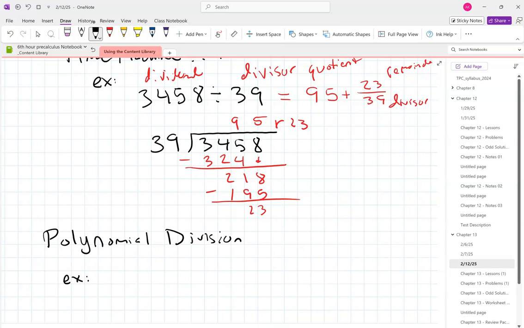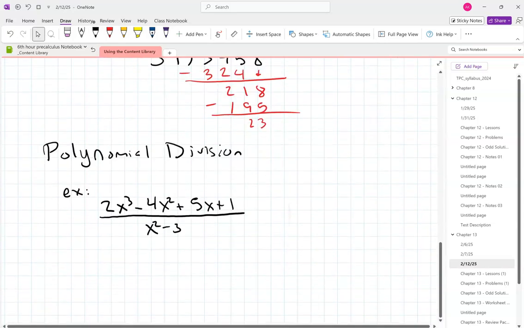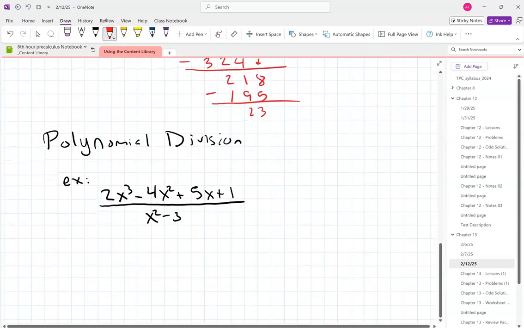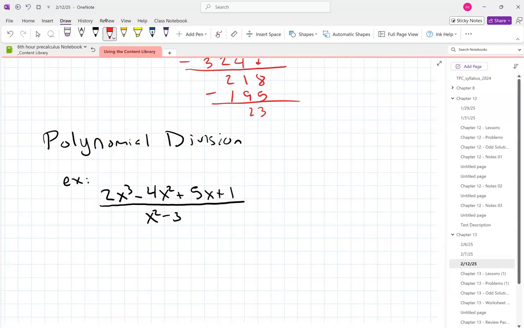So for example, if I have the polynomial here, 2x cubed minus 4x squared plus 5x plus 1 divided by x squared minus 3. Remember that a fraction is the same thing as division, right?